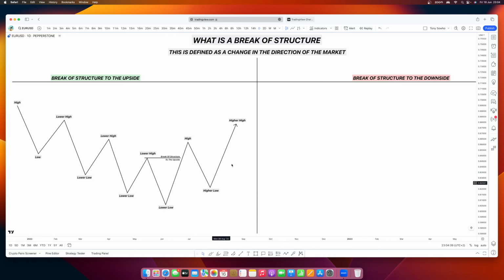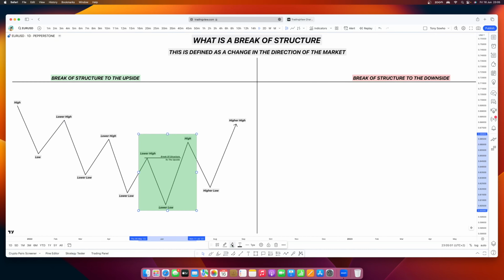And now the last thing we're going to be talking about is the transition phase. So at that point where price breaks structure, this area here, where we have all of this going on, this is what I always call the transition phase in the market. This is what I mean by the transition phase in the market.